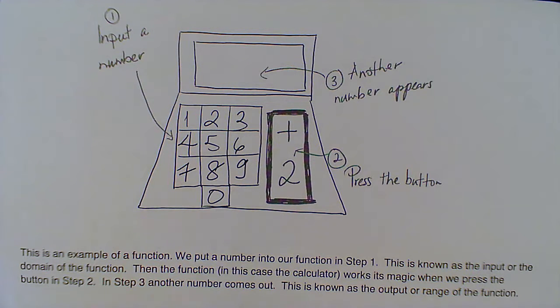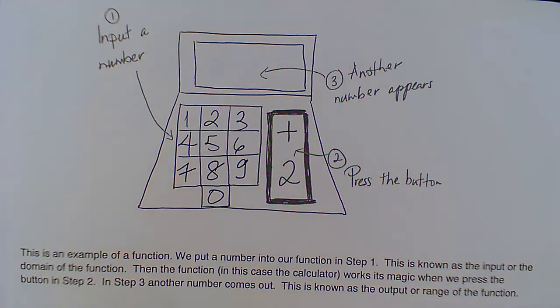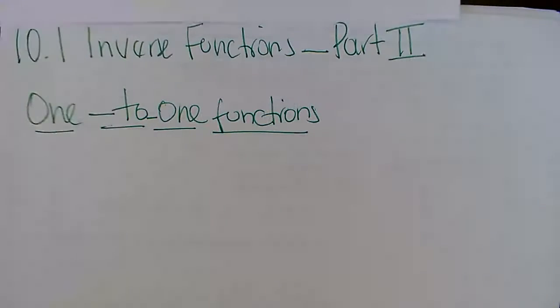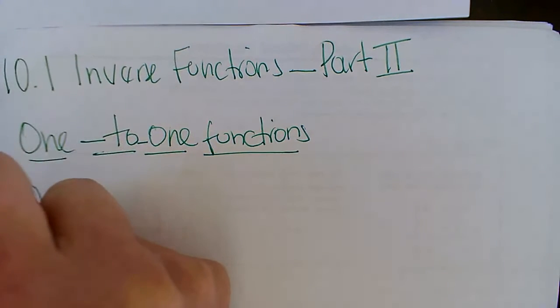So a function is the one that takes one input value and produces one output value. So just remember that a function takes one input value and produces one output value. Let me write it down.